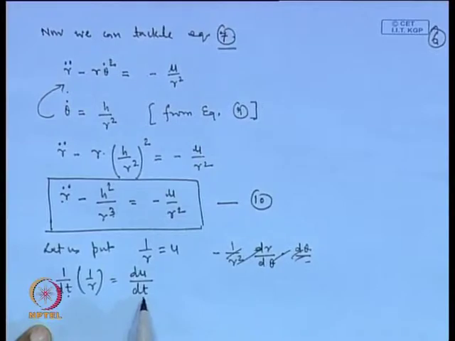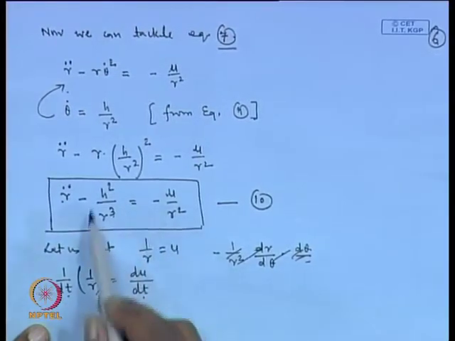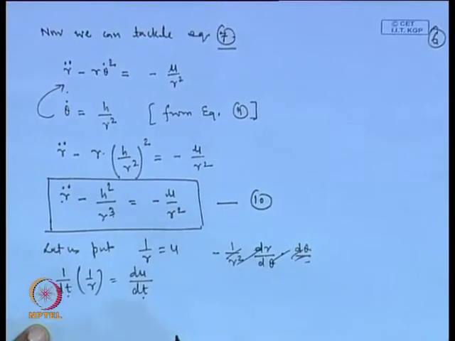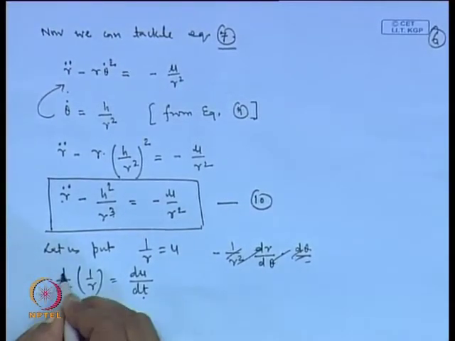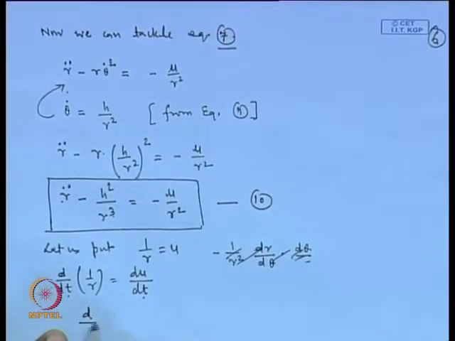We will use theta as the independent variable instead of t, then this equation will get simplified, and then we will be able to solve it. So, for doing this, we can write it in this way.